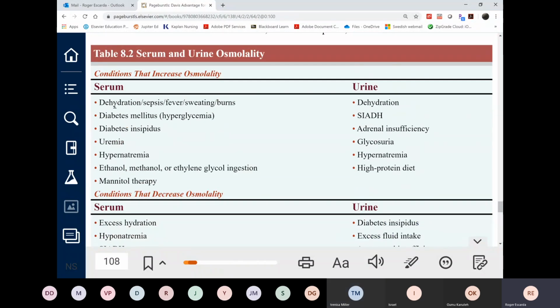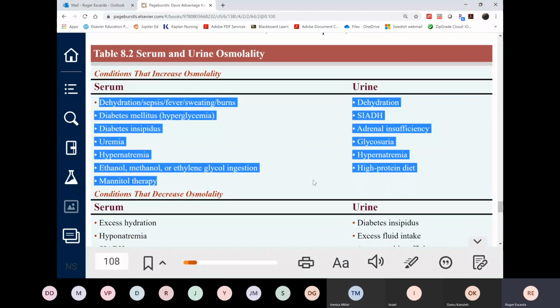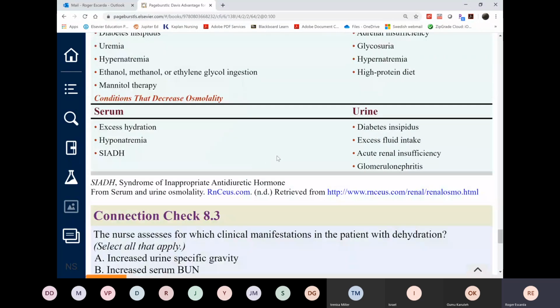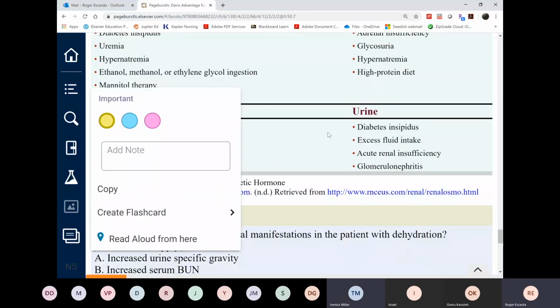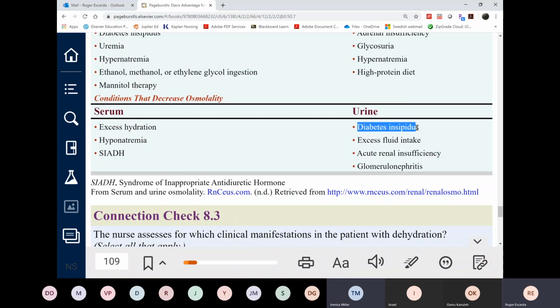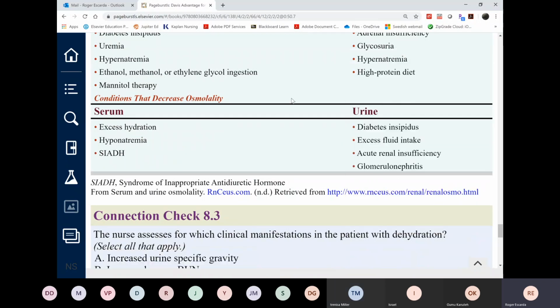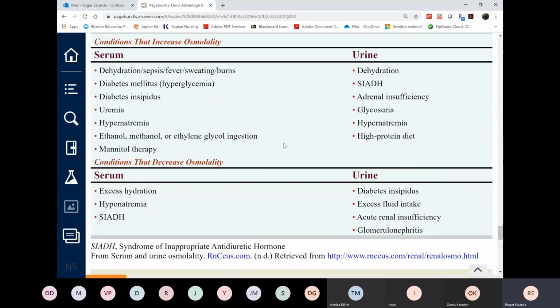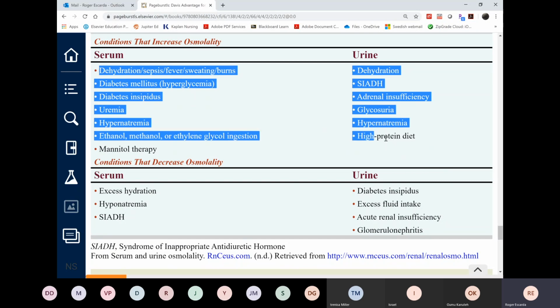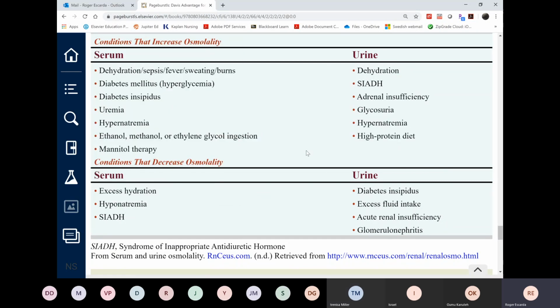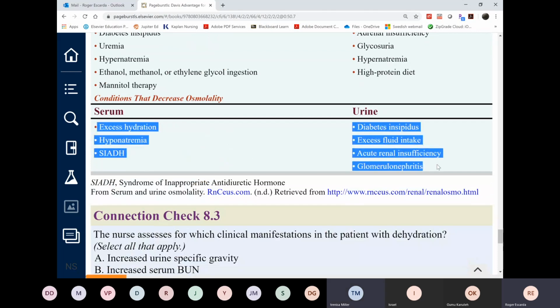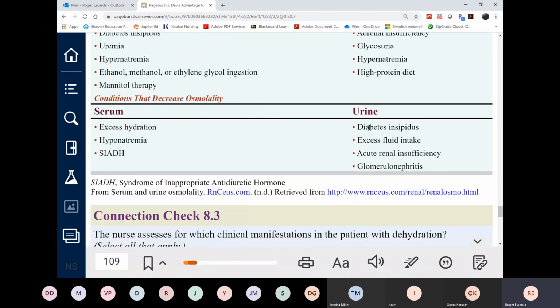So if the conditions in the first group result in dehydration except SIADH, these conditions result in fluid overload, except diabetes insipidus. These are the two odd ones as far as urine.